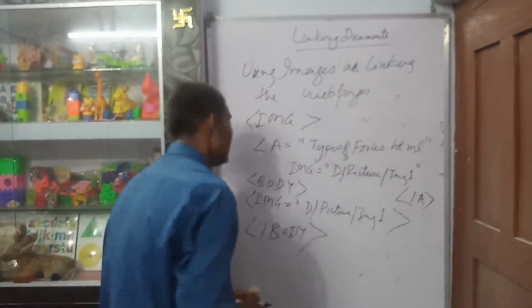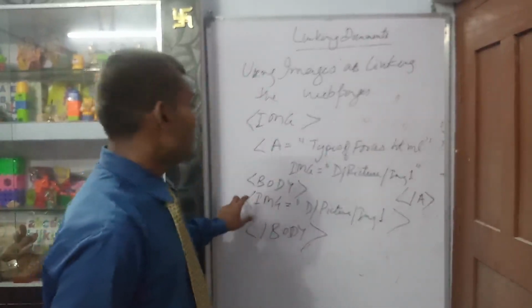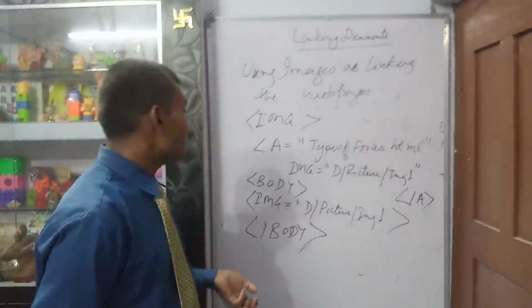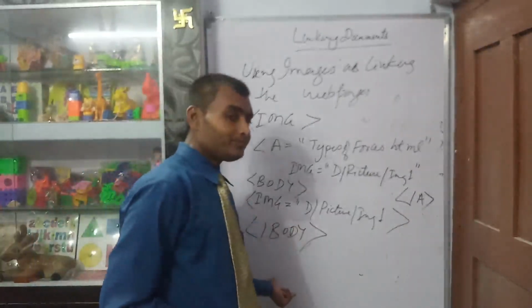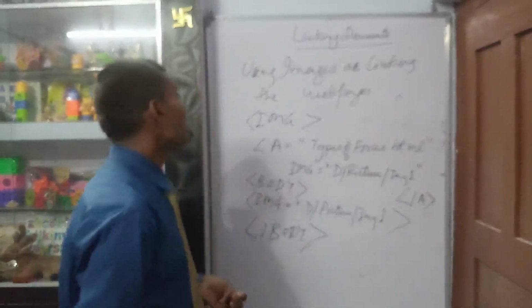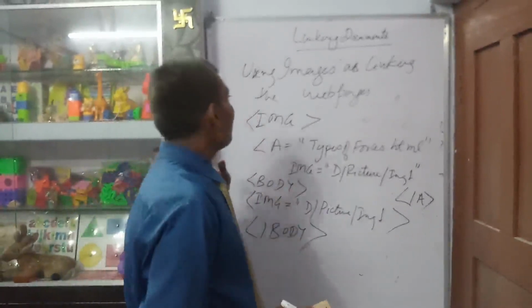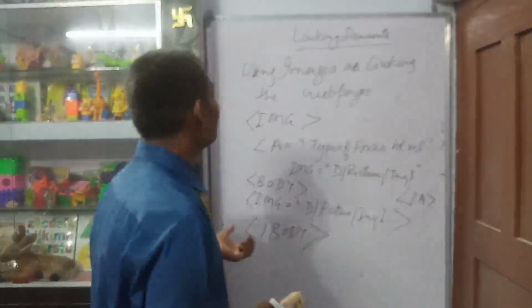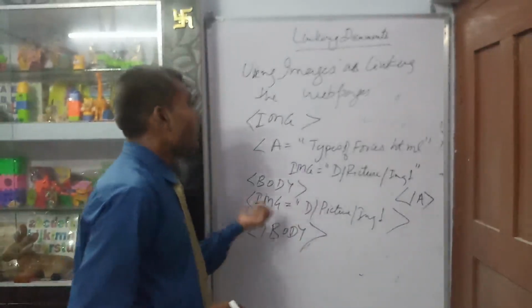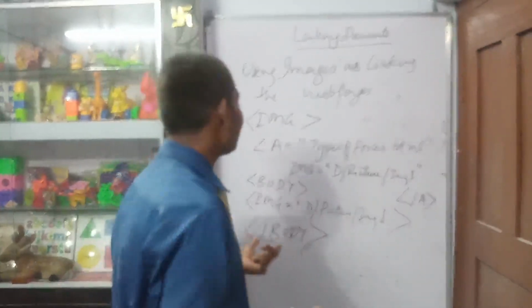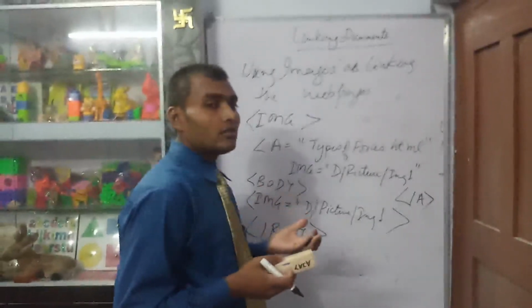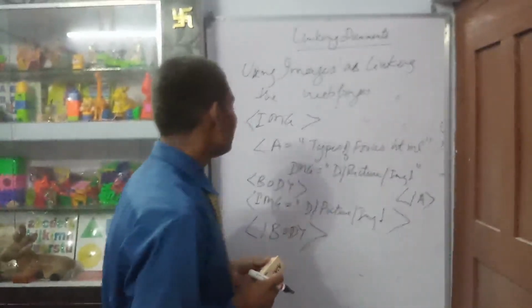It directly redirects this image to the destination you want to link with your web page. So all of you see, images can also be used as links, and text can also be used as links to create links for the web page.